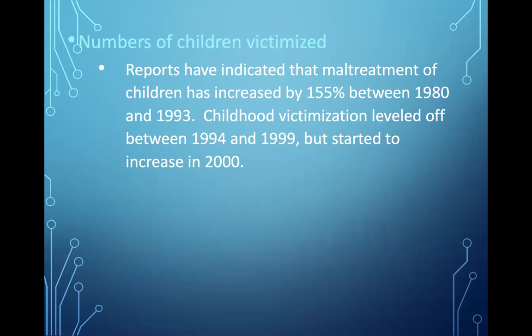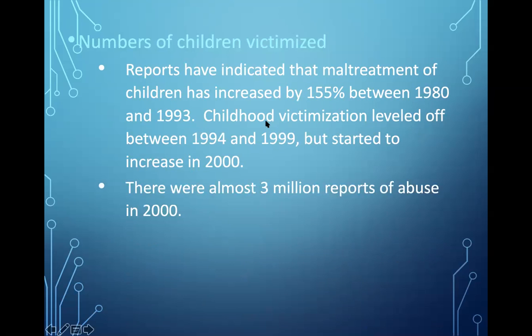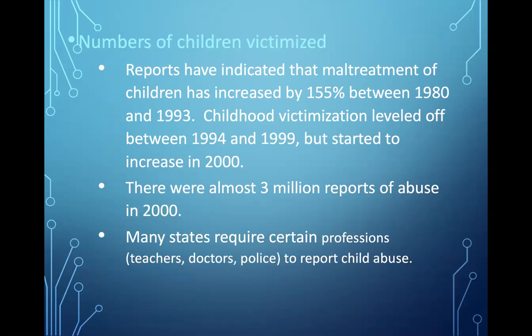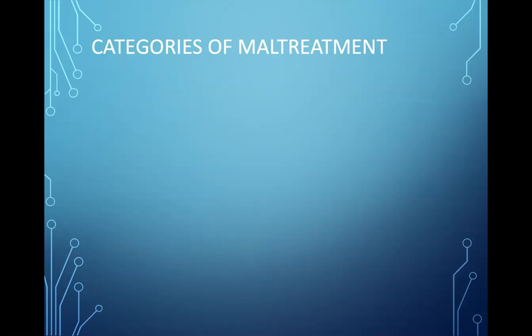Childhood victimization leveled off between 1994 and 99, but started to again increase in the new millennium. There were almost 3 million reports of abuse in 2000. Many states require certain professions, such as teachers, doctors, police, to report child abuse.